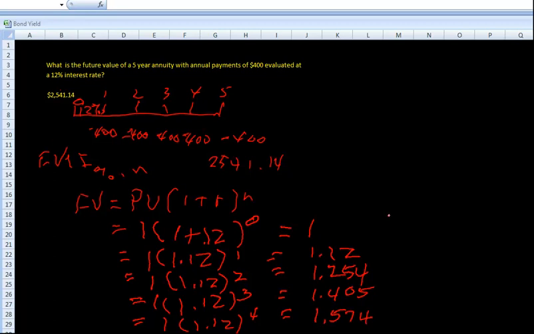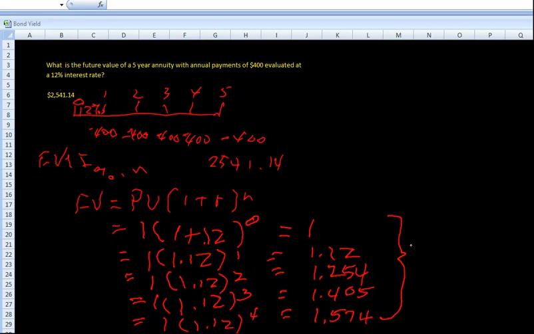So now what we have to do to get our factor is we have to get a sum of all of these. So let me add them up. We have 1 plus 1.12 plus 1.254 plus 1.405 plus 1.574.